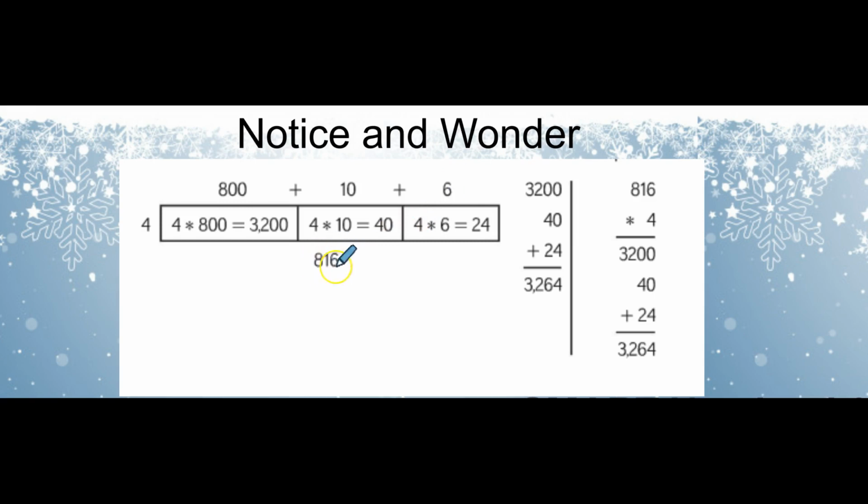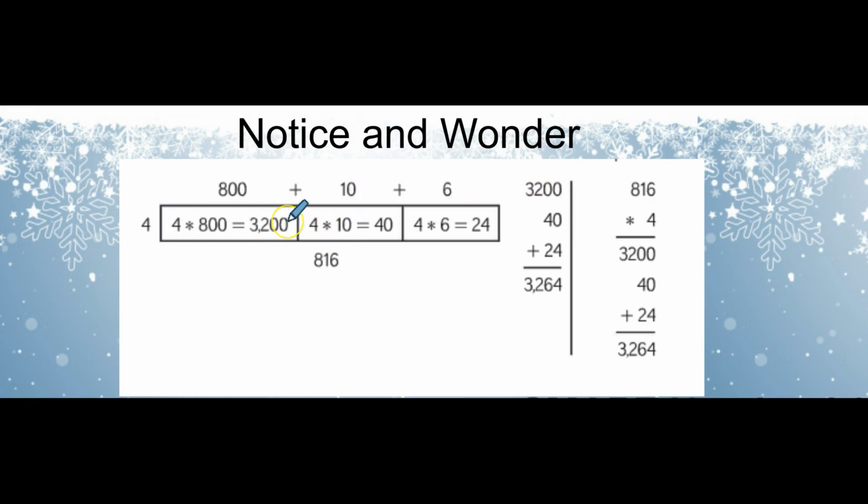So if I decompose 816 by using expanded form, I've made my multiplication easier in this partitioned rectangle. 4 times 800, 4 times 10, and 4 times 6. Here I partitioned my rectangle and I decomposed my big number to make my multiplication easier to solve.